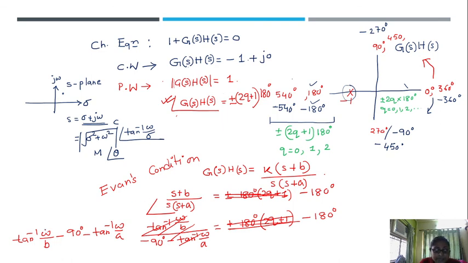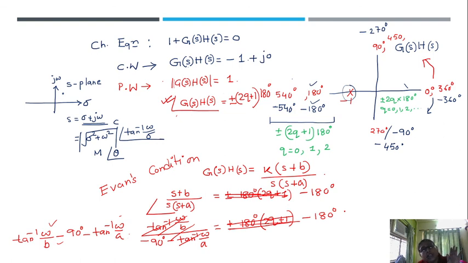So this expression will be equal to minus 180. The values of omega and b, and omega and a, should be such that it equals minus 180. Otherwise the point will not be on the root locus.